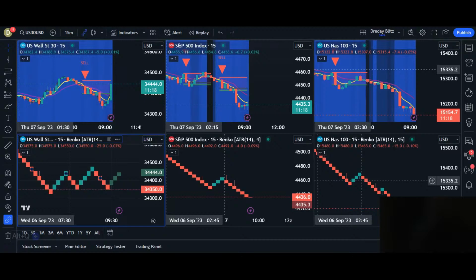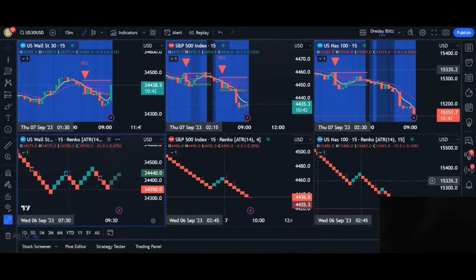Since Tuesday, when I started the live, we had a few people that were in profit overall with the setup. On Tuesday, we had one setup on NASDAQ 100 at the end of our live session, at 11:05 Eastern Standard Time. It was going up. And yesterday, we had three setups overall for US 30, NASDAQ, and the S&P 500 going on the downside.